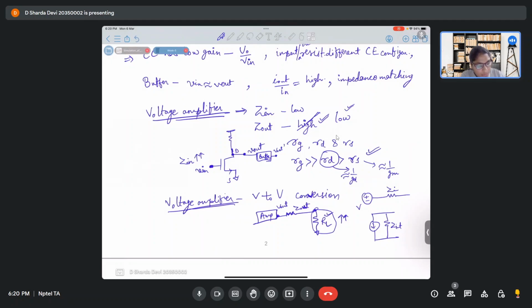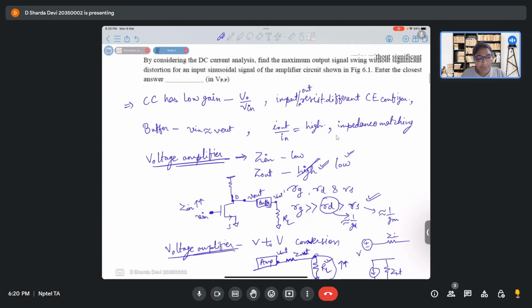This output will maintain the magnitude, but it will use this buffer for impedance matching, reducing the output impedance. And our load will be connected over here. Is this clear? Yes, ma'am. So this is the basic usage of a buffer circuit.